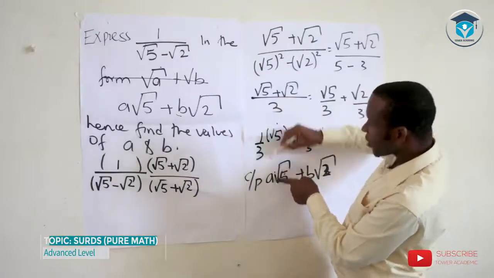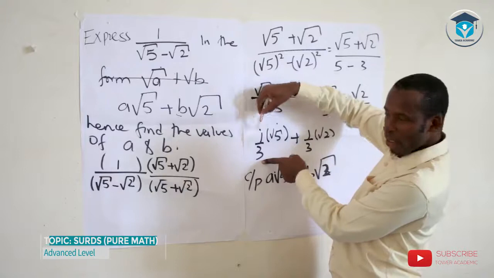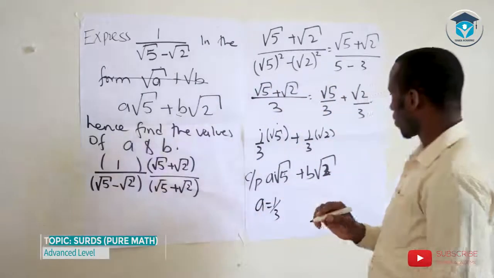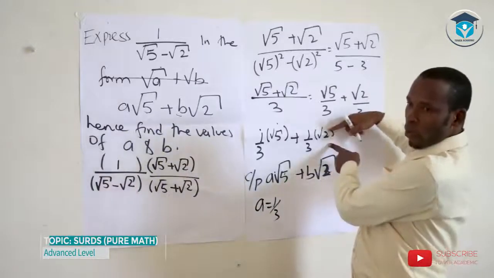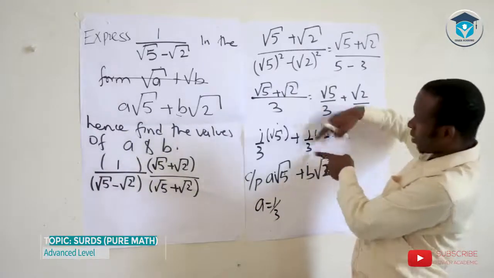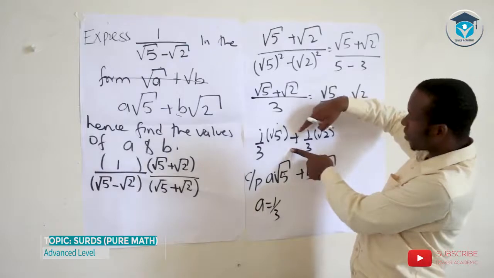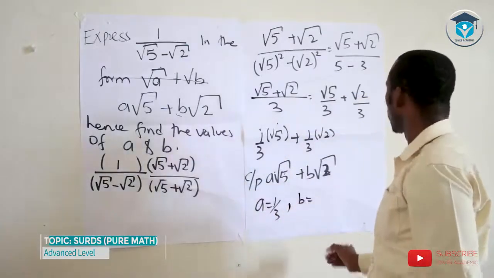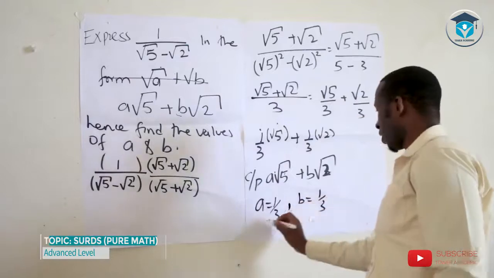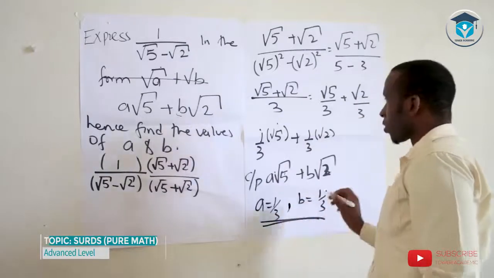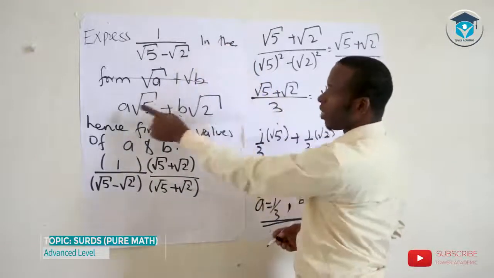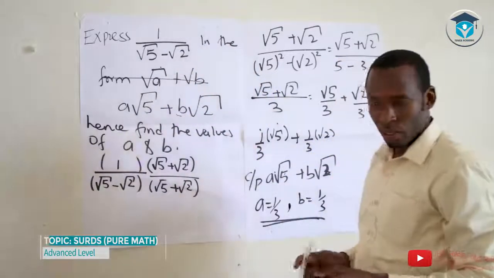So now our A is equal to a third. Root 2, root 2, so now the B is the value here with the same sign, plus. So therefore our B is also equal to a third. So you have answered the question: you have rationalized, or expressed this in the form given, and you got the values. Thank you so much.